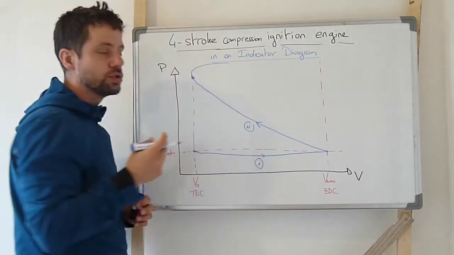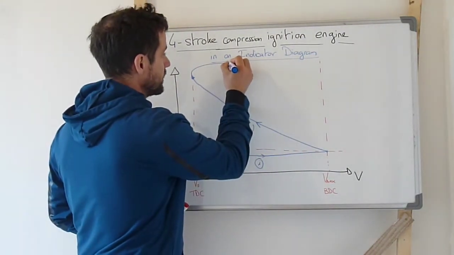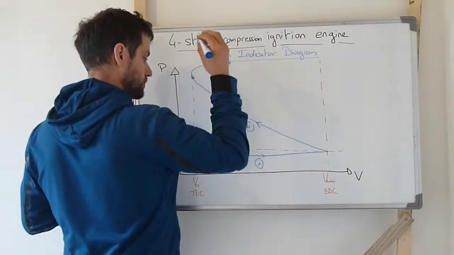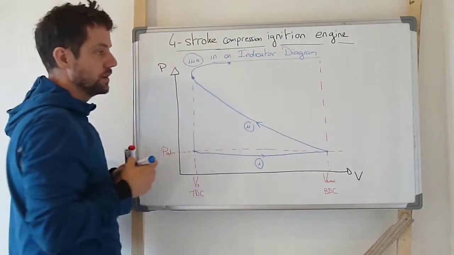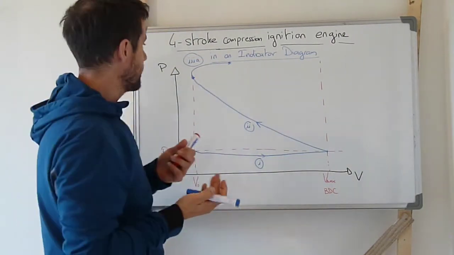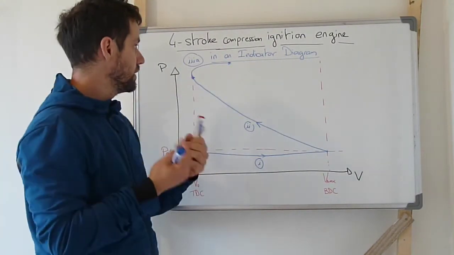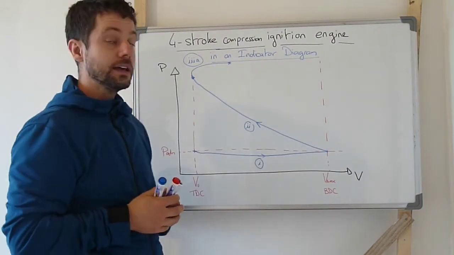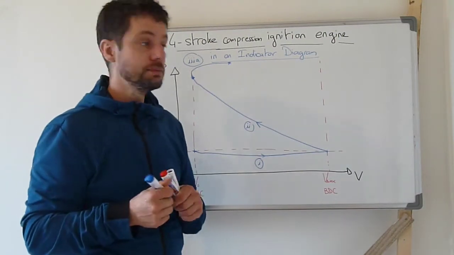Usually there's still some increase of pressure, but this phase called 3A, corresponding to the combustion and expansion at the same time, has a flatter profile than for the spark ignition engine. And then the rest of the cycle is very similar.